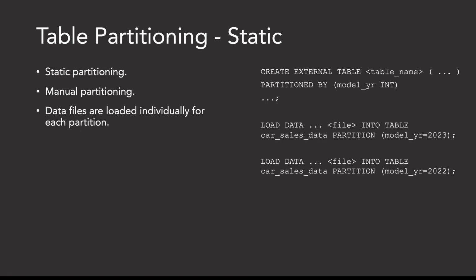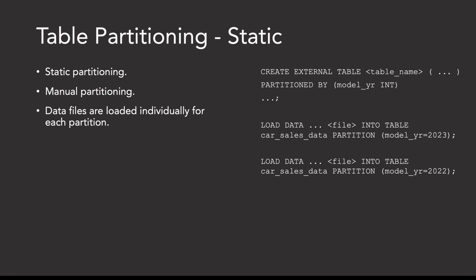Something like this: load data file into table followed by the partition clause and the value of the partition. So the file that you are loading should only have records with model year 2023. Obviously you can have a different model year value here, but it'll give you data inconsistencies.